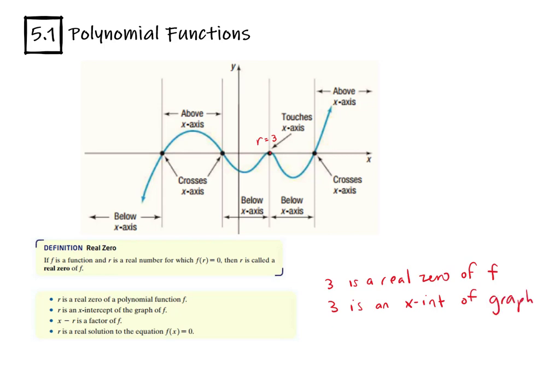And then we'd also say x minus 3 is a factor of f. And we'd say 3 is a solution and a real solution to f of x is equal to 0.